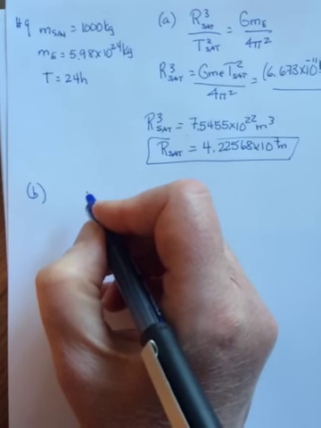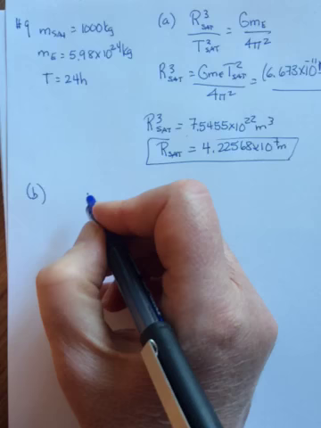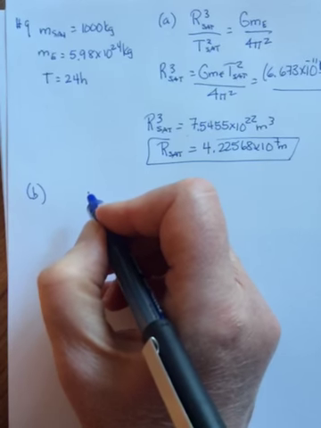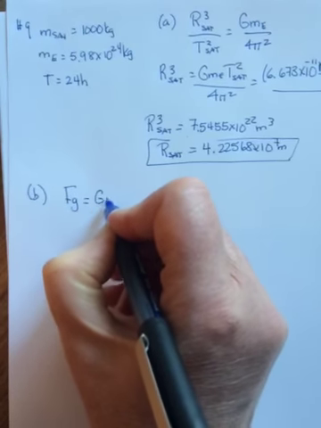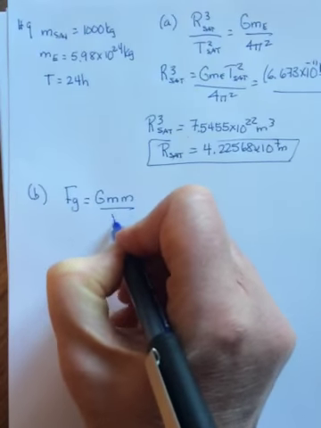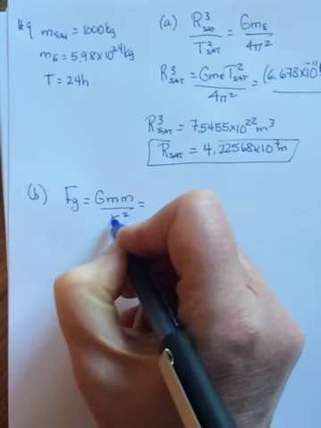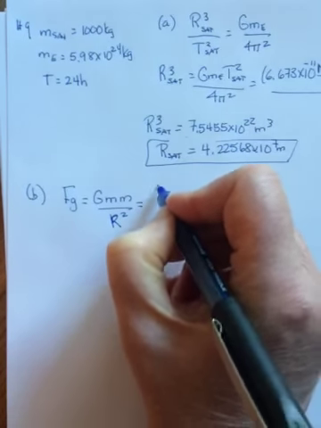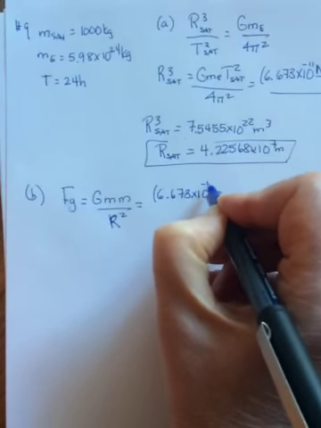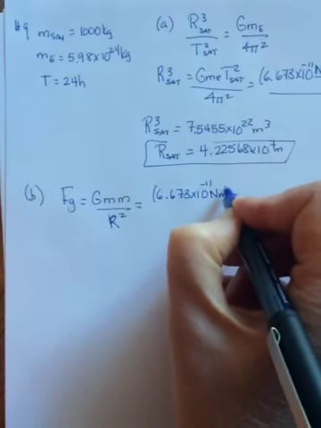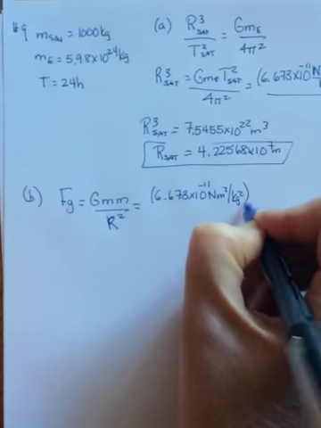So the second part says, what would be the satellite's weight in orbit? So you're looking for FG then, and that's G m1 m2 over r squared. Whoops, and this would be a big R. So 6.673 times 10 to the negative 11 Newton meters squared per kilogram squared.